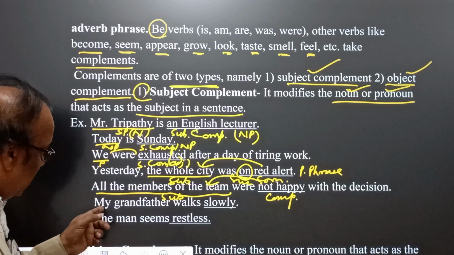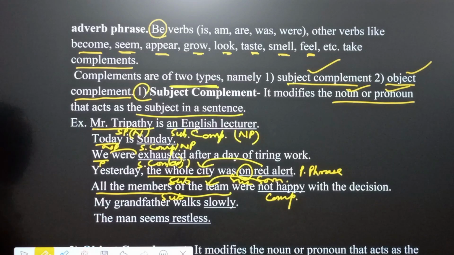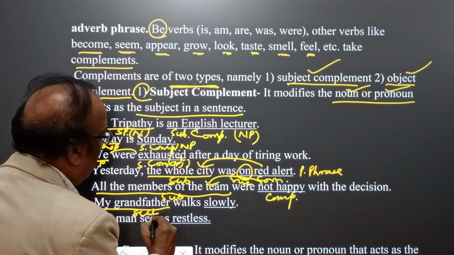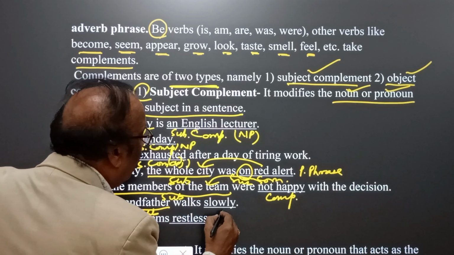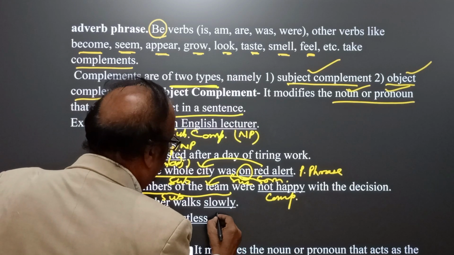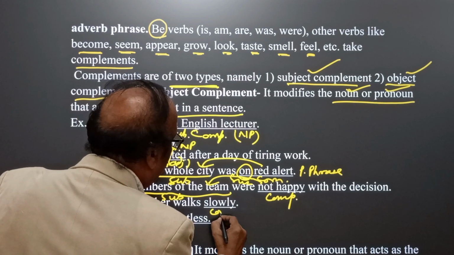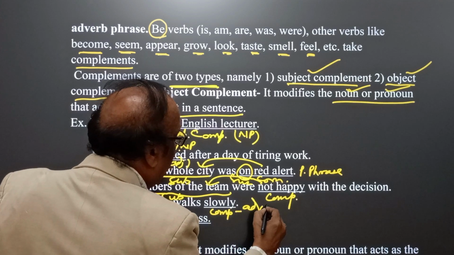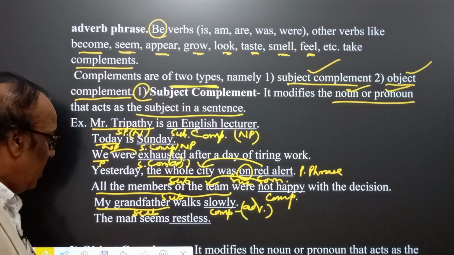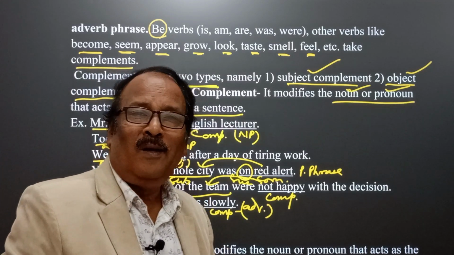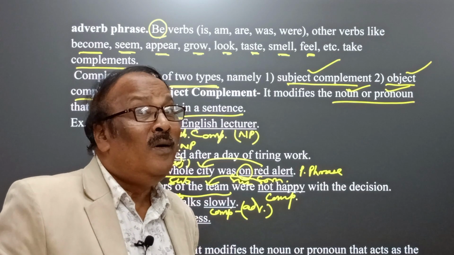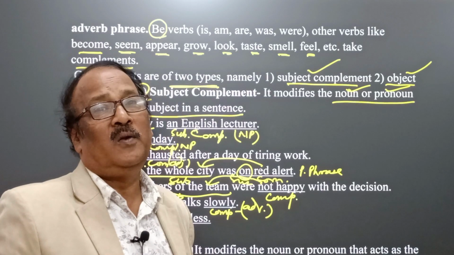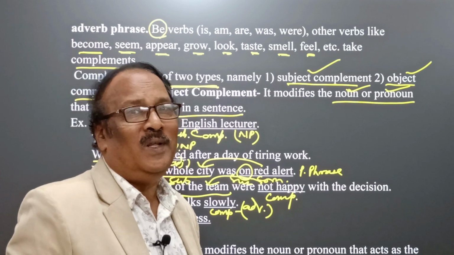And yes, the next, my grandfather, subject part, walks slowly. Here how slowly is the complement, and this is an adverb phrase, slowly. How does my grandfather walk? My grandfather walks slowly.